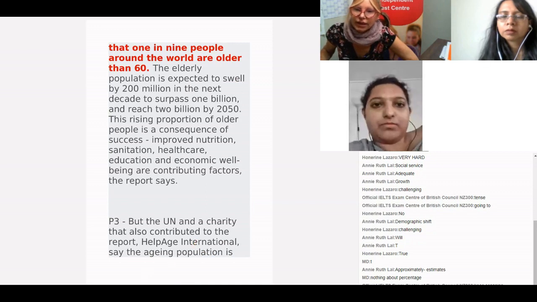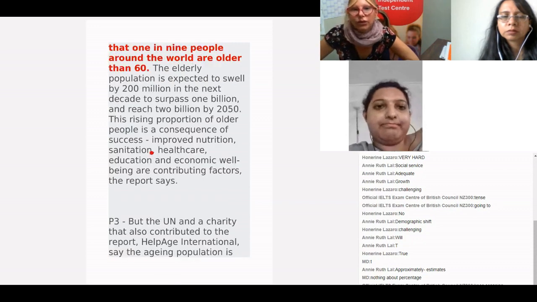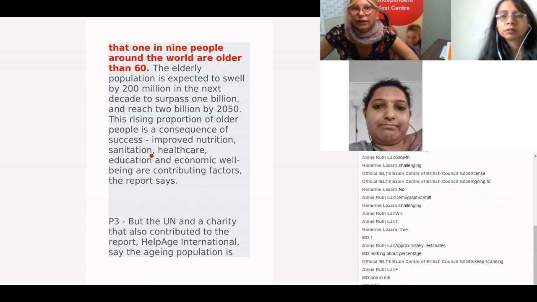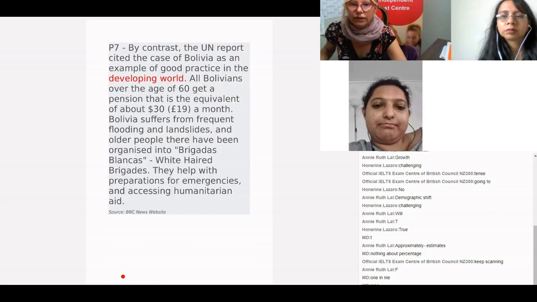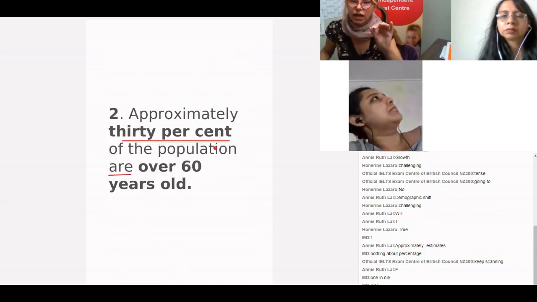so we have here a celebration and a challenge estimates that 1 in 9 people around the world are older than 60. 1 in 9. Yeah, 1 in 9 are older than 60. That is our information in the red. Okay, let's go back to the statement just to make sure that we are talking about the right time.